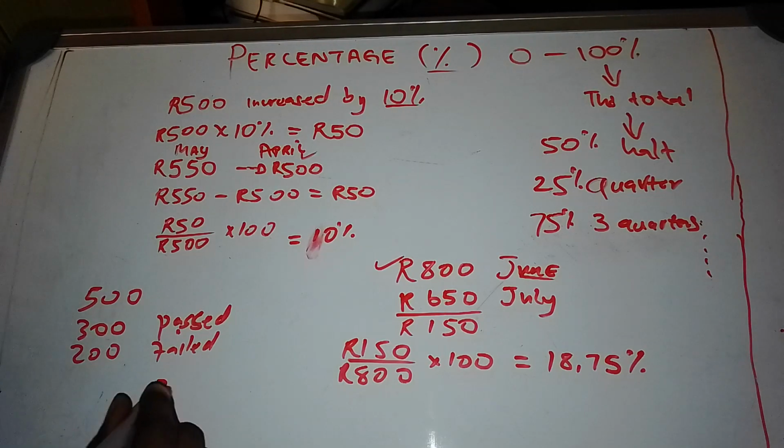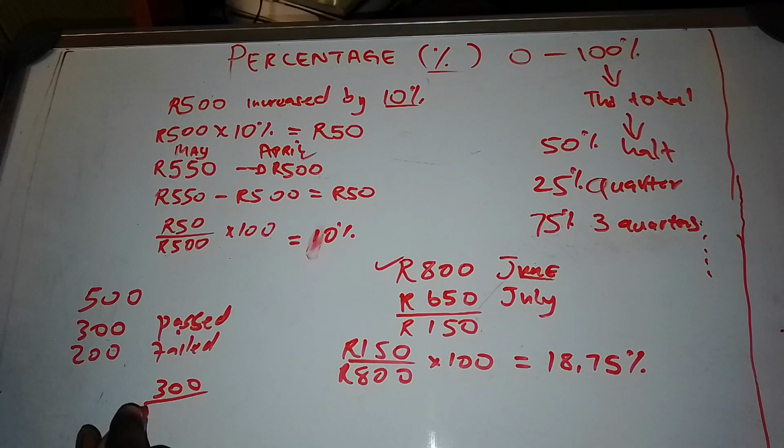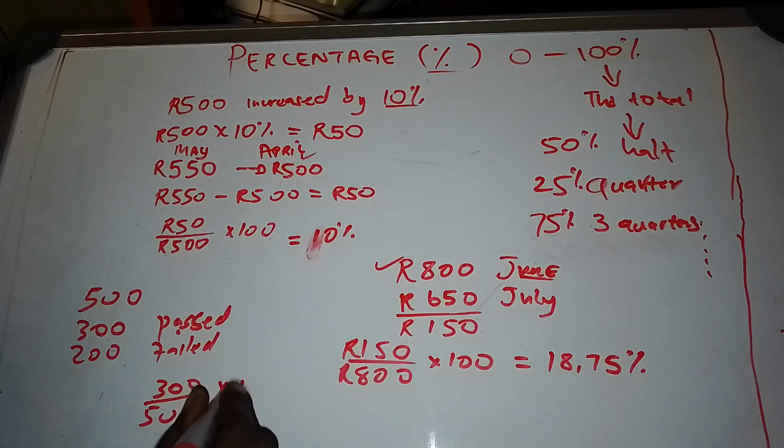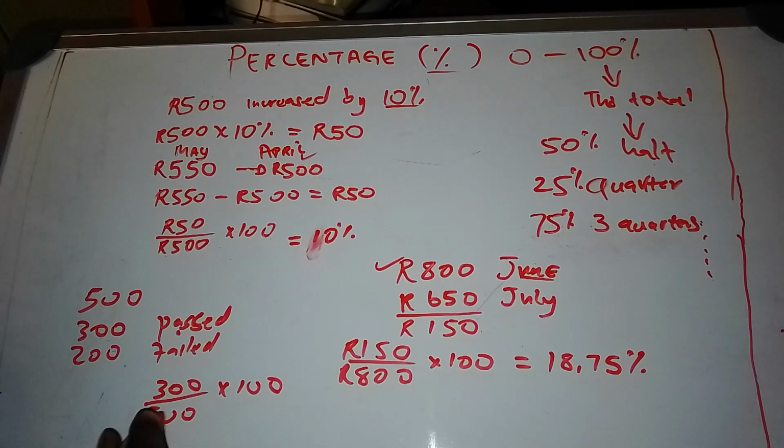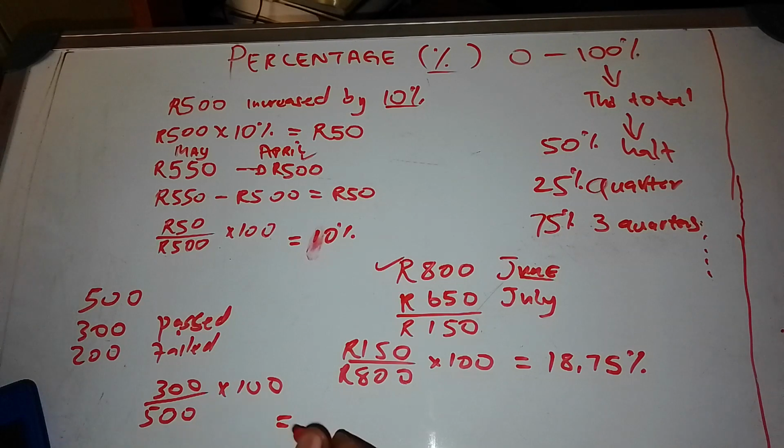So you will take 300, you divide by the total, you say times 100. The percentage is probably 60%, but let's see. So it's 60%.